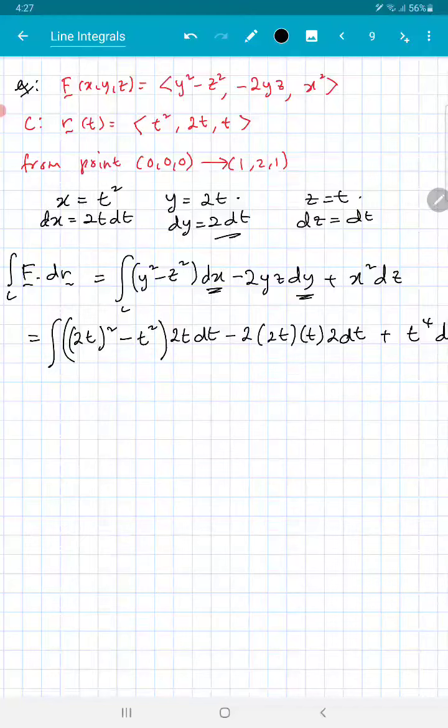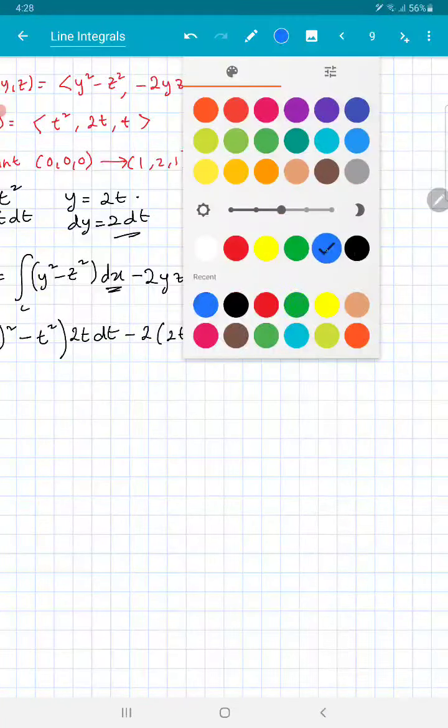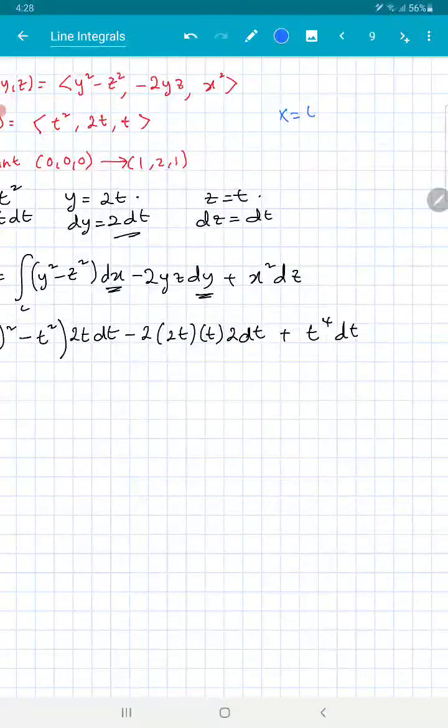Okay, but in our question, it gives us the initial and destination point using the Cartesian coordinates. So now we need to get the value of t at the initial point and also the value of t at the destination point. So x is equal to t squared, y is 2t, and z is t.